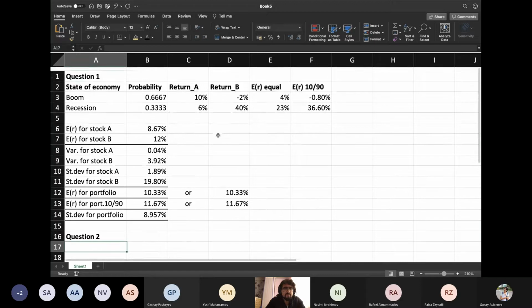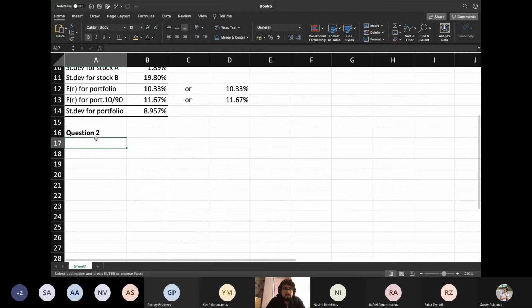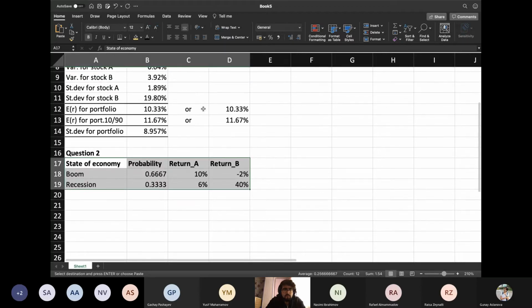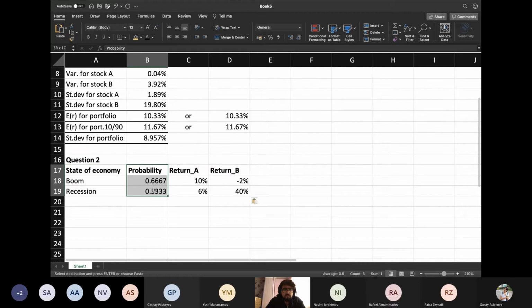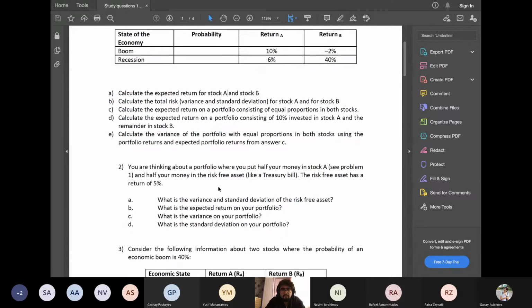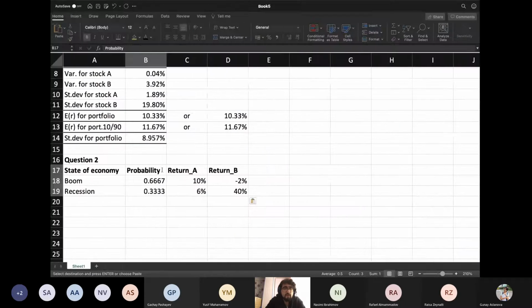So let me copy the inputs. It is the same as the given inputs, the same as problem 1.